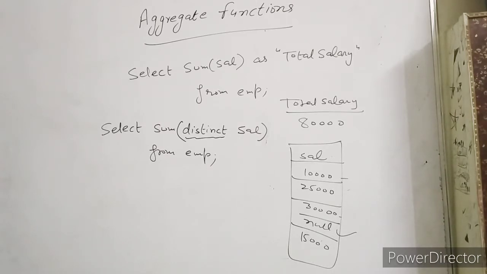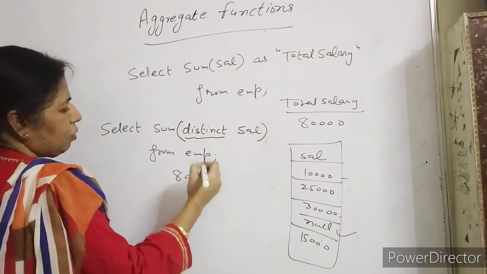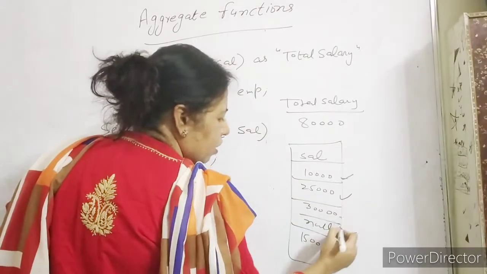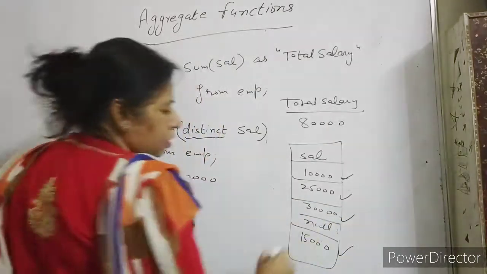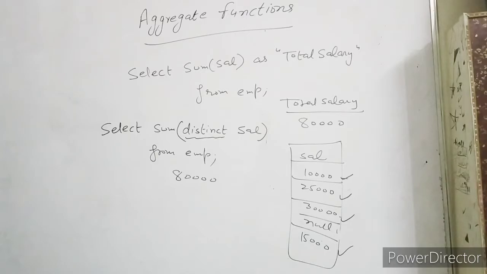But in this salary column there is no duplicate. It means you again get the value 80,000, because all values are distinct. Clear? No value is duplicate.